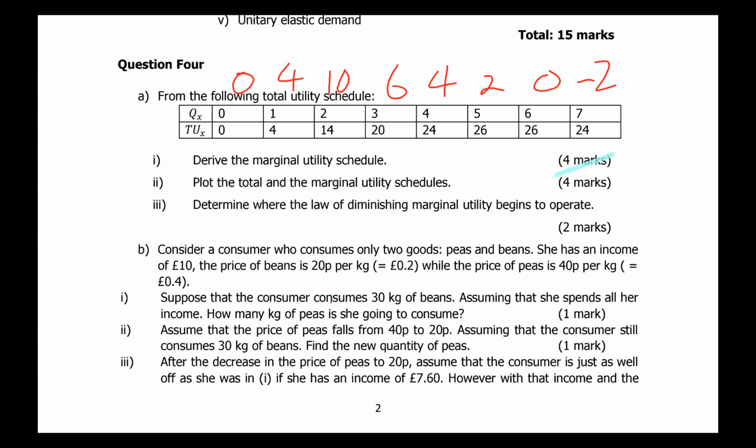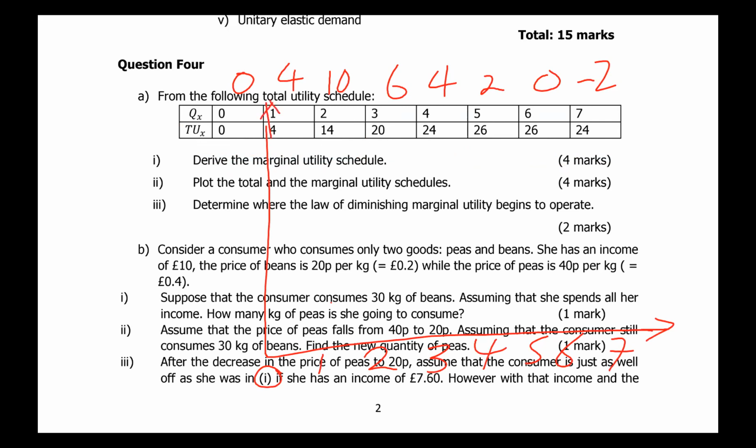We want to plot this, right? Quantity is always on the horizontal, so our quantity is from 0 up to 7. So 0, 1, 2, 3, 4, 5, 6, 7. It is always on the horizontal axis. Then total utility and marginal utility is vertical.